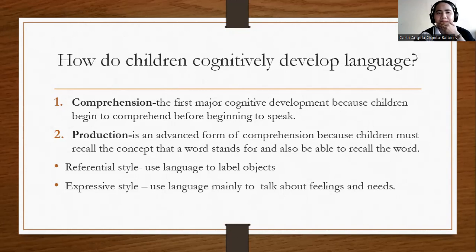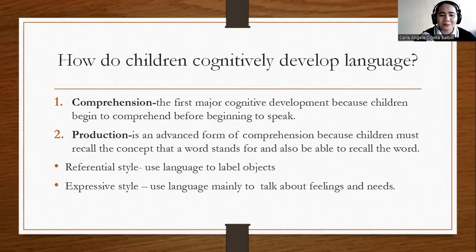For example, an adult might tell a toddler to play with toy blocks. So the toddler will point to their toy blocks. Meaning to say, this just shows that the toddler understands what toy blocks are. So that's comprehension. Okay.